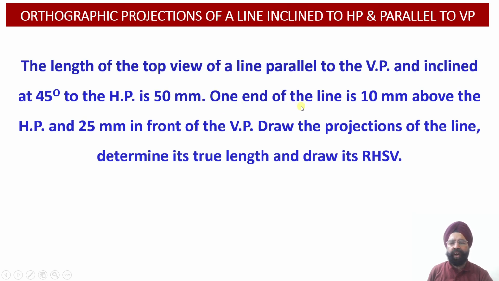So one end of the line is lying 10 millimeter above the horizontal plane and 25 millimeter in front of the vertical plane. We are required to draw the projections of the line, evaluate its true length, and also draw the right hand side view projection of this line.